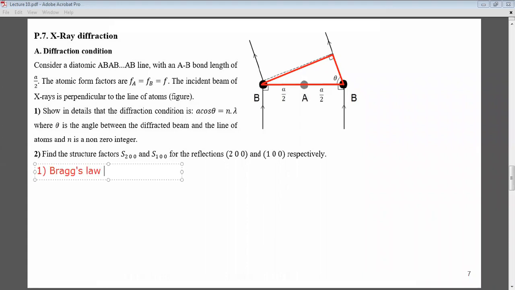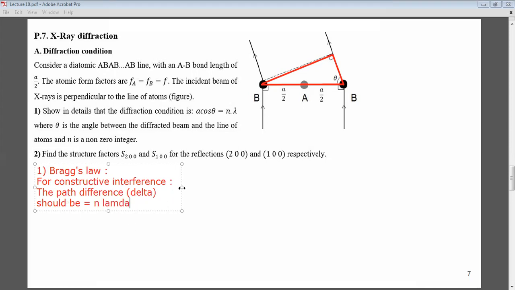Bragg's law tells me that the path difference for constructive interference, which we call delta, should be equal to n lambda. So this is Bragg's law: delta equals n lambda.